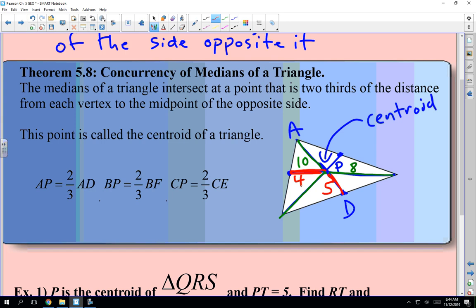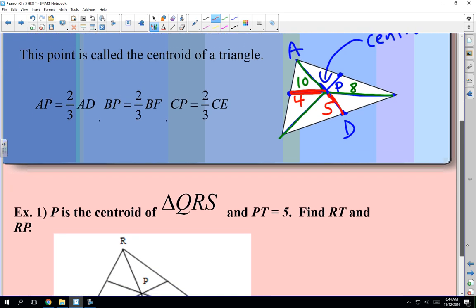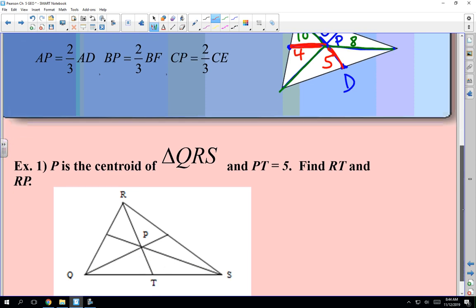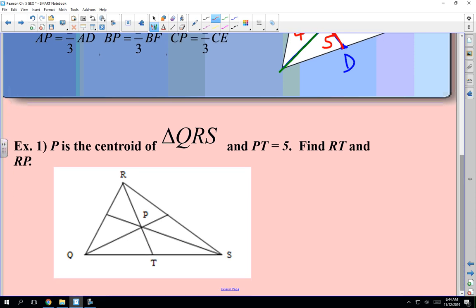So you're going to be asked to apply that property of the centroid of a triangle down here. And they do have a picture for us. So example 1. It says P is the centroid of triangle QRS, and PT is 5. So PT is from here to here. That's 5.